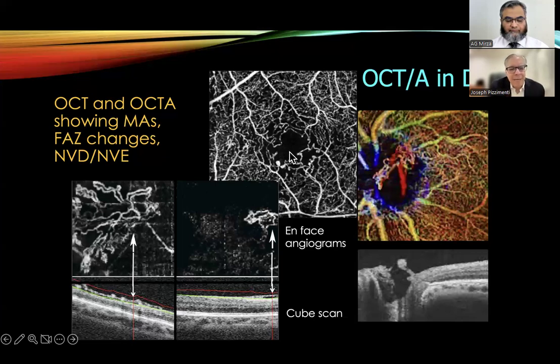And this might make a difference in my surveillance of this patient. I may see them a bit more frequently, but also really emphasize nutritional therapy and diabetes patient education. So we have microaneurysms, alterations in the foveolar avascular zone, and neovascularization.